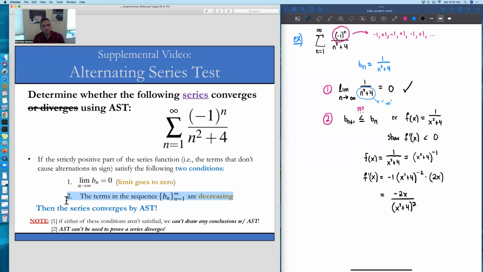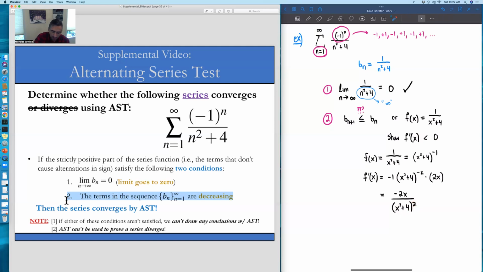Again, what we want to show is that for all x values greater than 1, this is indeed a negative quantity. The reason we care about x greater than 1 is that's where our series is starting off. For x values greater than 1, this denominator is always going to be a positive number, because whatever is inside the parentheses, we're squaring it at the end of the day.